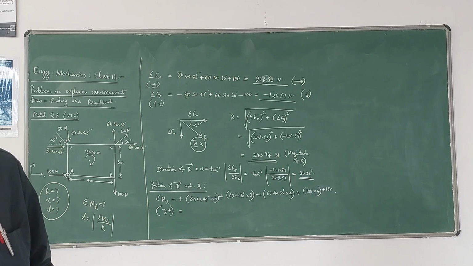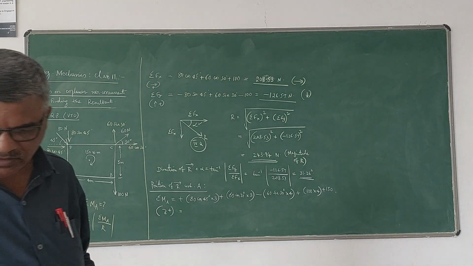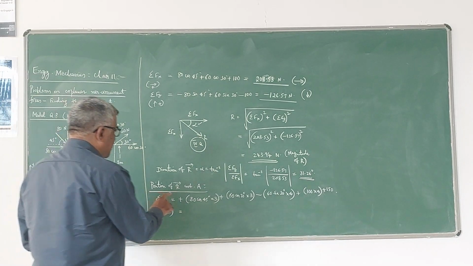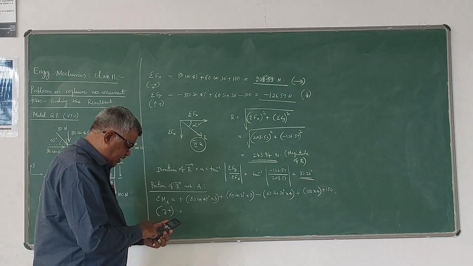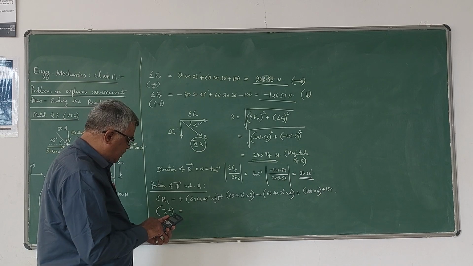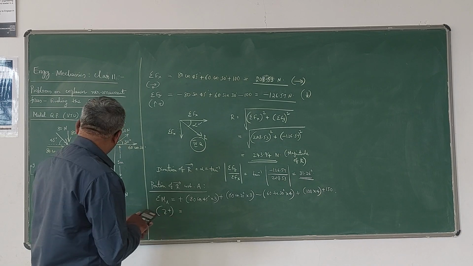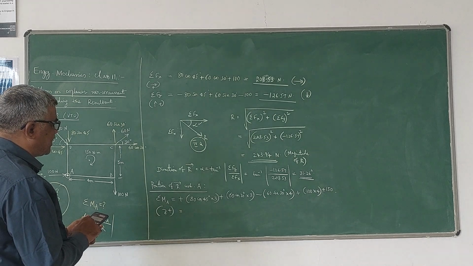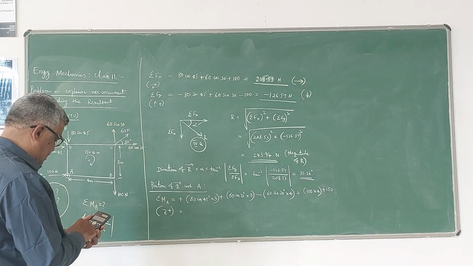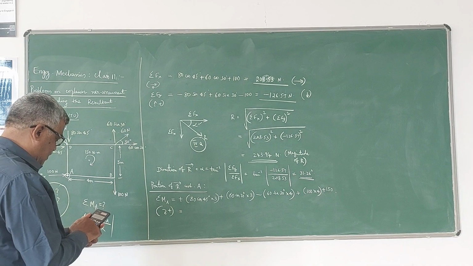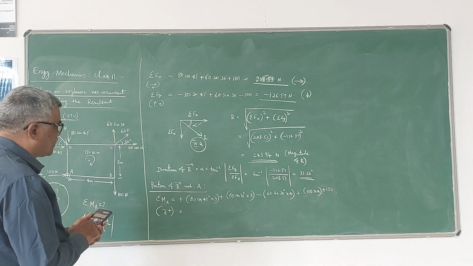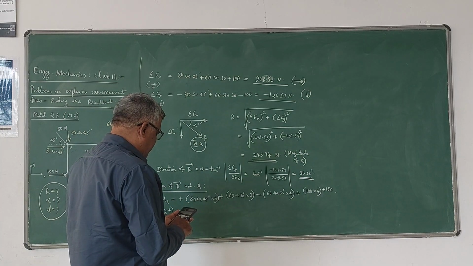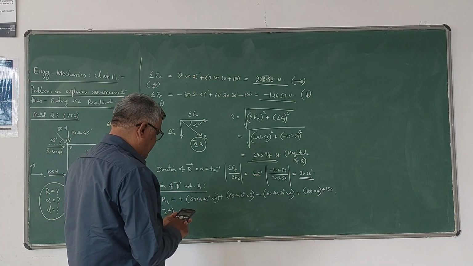755.59. So once again I will check. 80 into cos 45 into 3 is 240 cos 45. Plus 60 cos 30 into 3, that means plus 180 cos 30. Then minus 120.